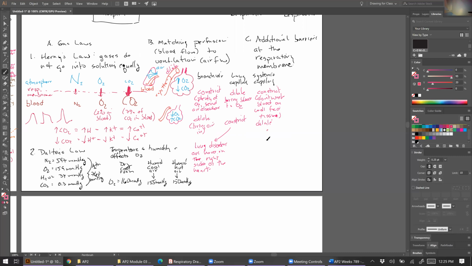I like this one too. I think I've shown it before. Clubbed fingers. If you have poor nutrition, and it could be a problem with the lungs, it could be a problem with the digestive system, it could be a problem with the cardiovascular system, then you will have poor nutrition at fingertips.